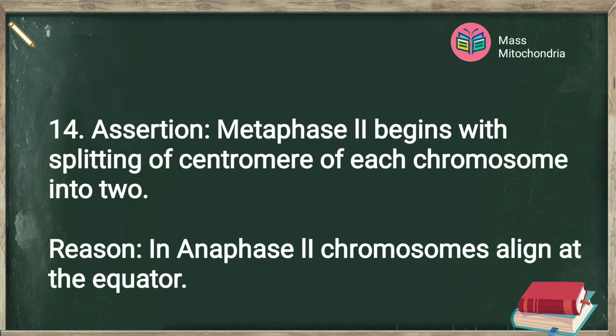The microtubules from opposite poles of the spindle fibers get attached to the kinetochores of sister chromatids. Anaphase 2 begins with simultaneous splitting of the centromere of each chromosome into two. Subsequently, the daughter chromosomes move towards opposite poles of the cell. So option D is correct. Both assertion and reason are wrong.